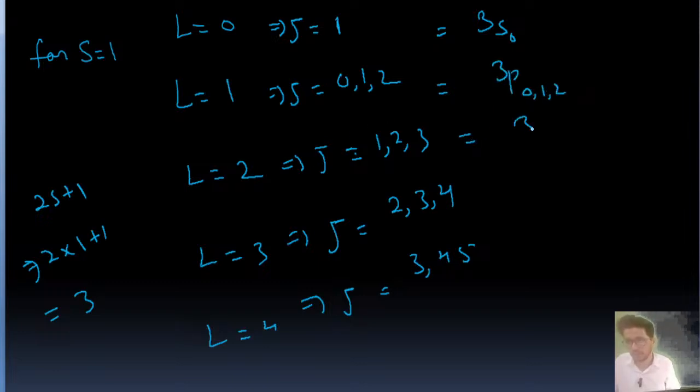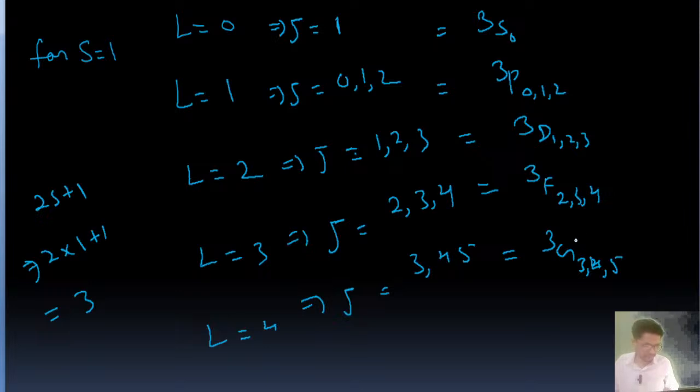This value is going to be 3D1, 2, 3. L equal to 3 means F, 3F2, 3, 4, and L equal to 4 means G, 3G3, 4, 5. Okay, these are the spectroscopic terms, and this is how we do it for non-equivalent electrons.